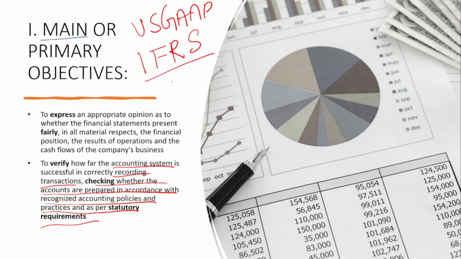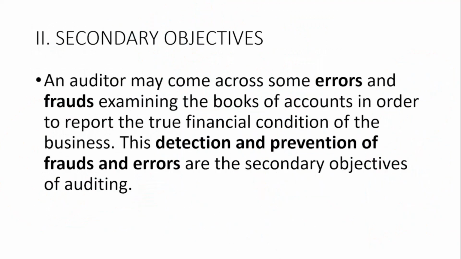These are all the accounting policies and accounting standards provided by these frameworks. So the main objective of the auditor is to check whether the company is maintaining appropriate books of accounts by following appropriate procedure. Hope you understood the primary objective.